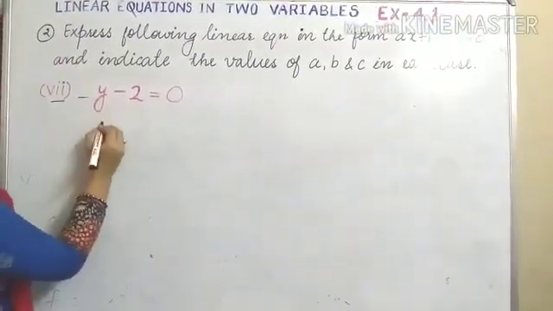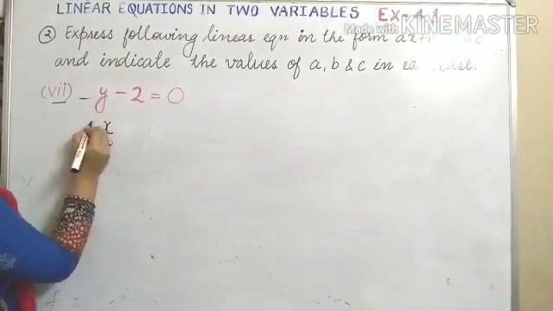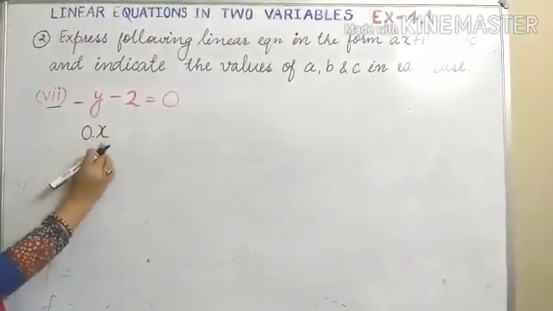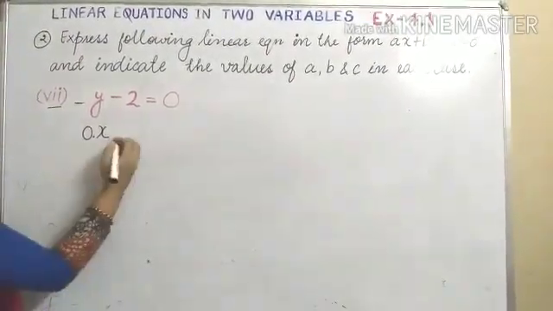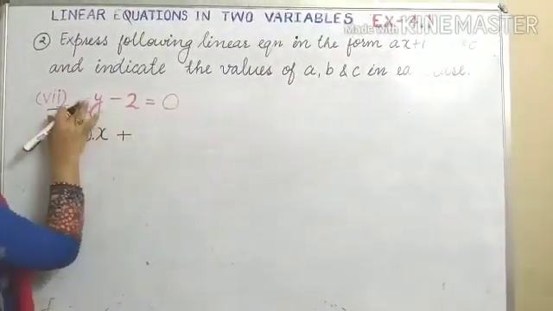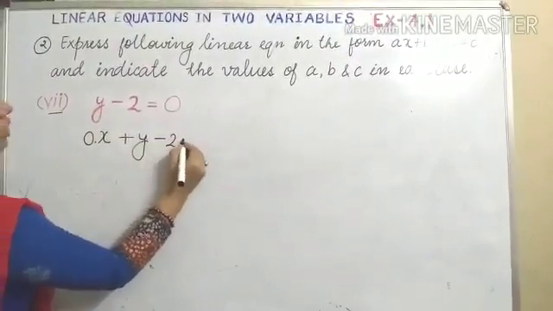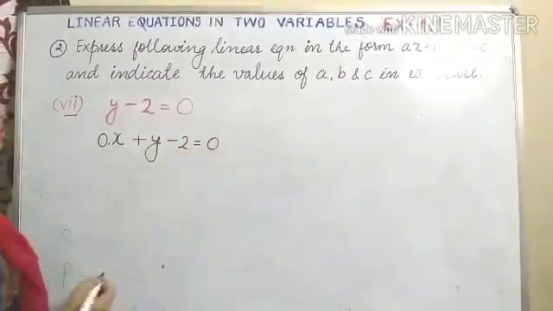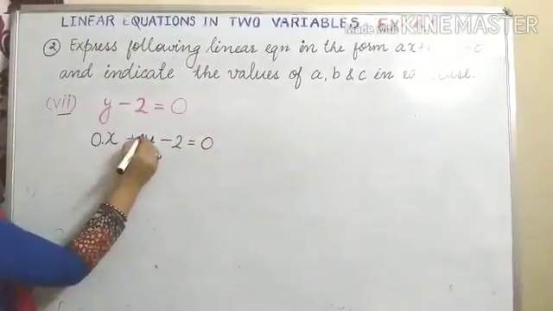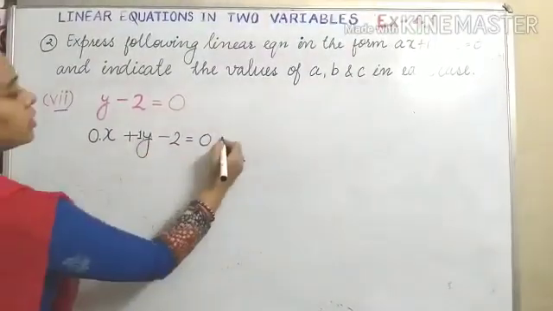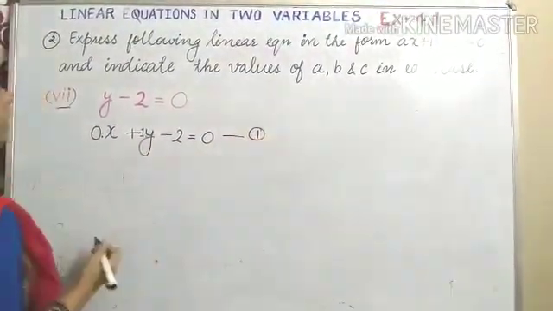So we can write it like this: 0 into x, because it ultimately becomes 0, plus 1 into y minus 2 equal to 0. This becomes equation number 1.